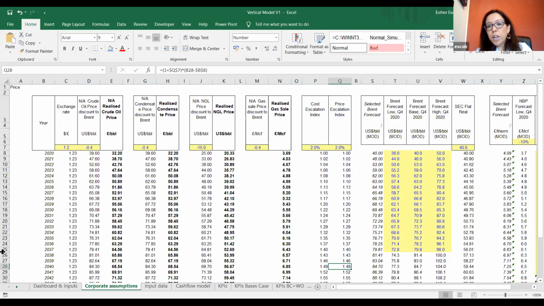In this case, because we are in the North Sea, we apply Brent, and usually we apply Brent with a discount. Because as you have seen in one of the slides, Brent is related with many grades to apply in the formula.